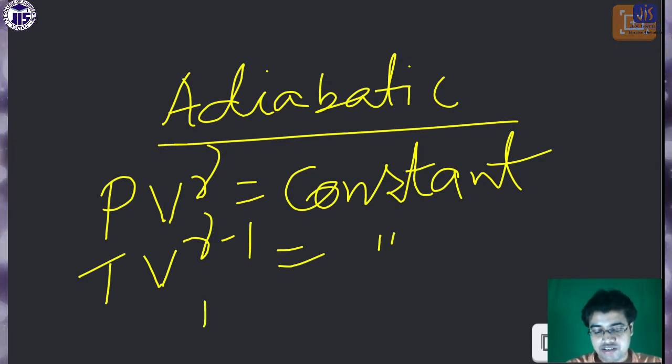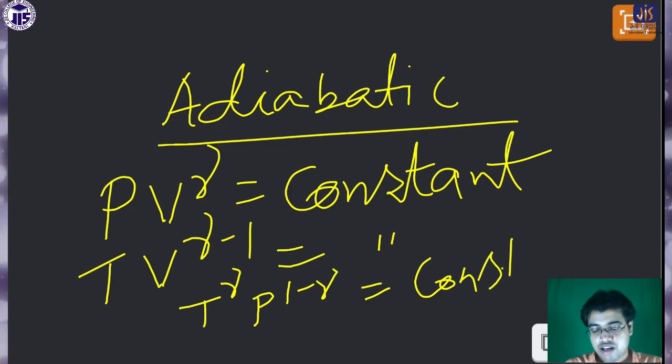And another is T to the power gamma into P to the power 1 minus gamma equals constant.